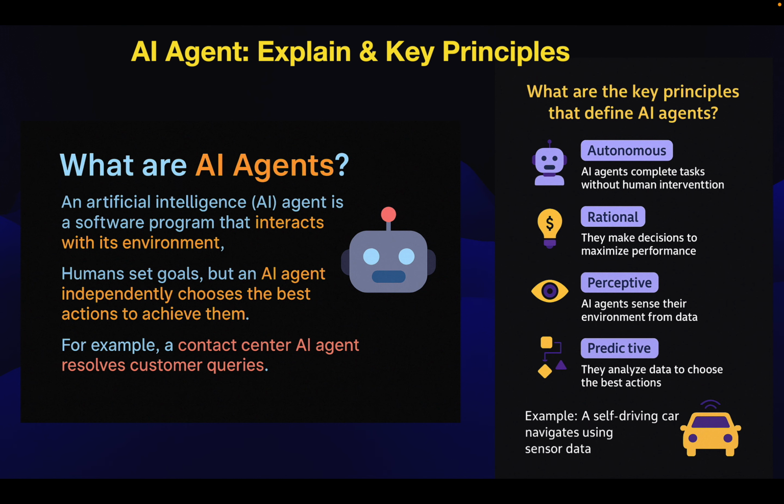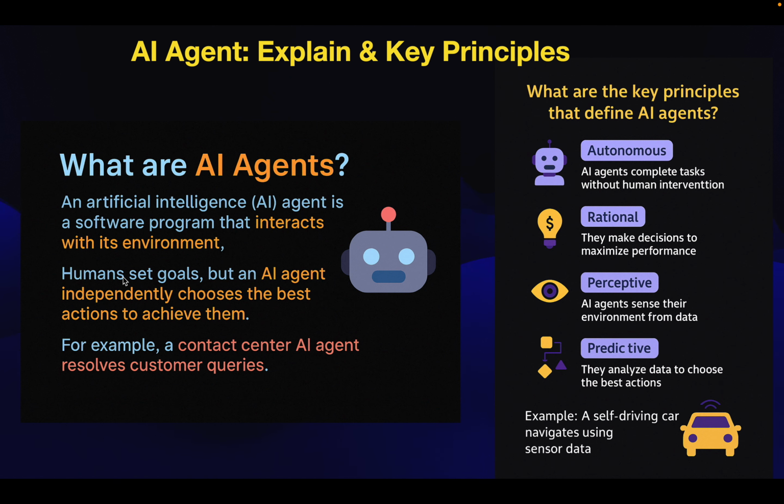All right, let's understand what exactly an AI agent is. You can look at the left side. An AI agent is an artificial intelligent agent, like a software program that interacts with the environment. Let me say it again: it's a software system that actively engages with the world around us, just like a human would.